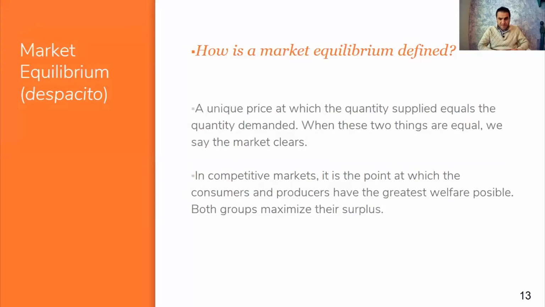So the market equilibrium implies a unique price at which the supply and the demand are equal. You find all the consumers that are willing to pay for that product at that price. All of them do their transactions and are satisfied.